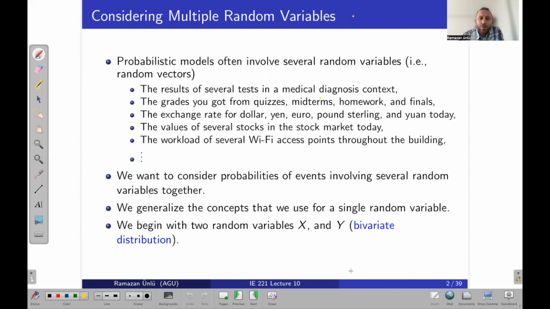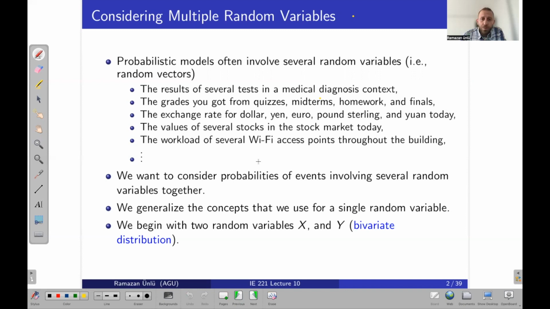Another example is the grades you got from the quizzes, midterms, homeworks, and finals. All of them can be considered individual random variables, and you have to deal with all of them to calculate some probabilities. Another example is the exchange rate for the dollar, yen, euro, pound sterling, and yuan today.